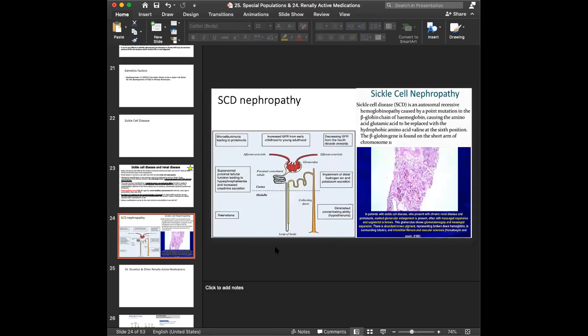Okay, so sickle cell nephropathy. Here's a patient with marked glomerular enlargement and mesangial expansion with sclerosis. There is going to be brown pigment in the urine showing the breakdown of hemoglobin.